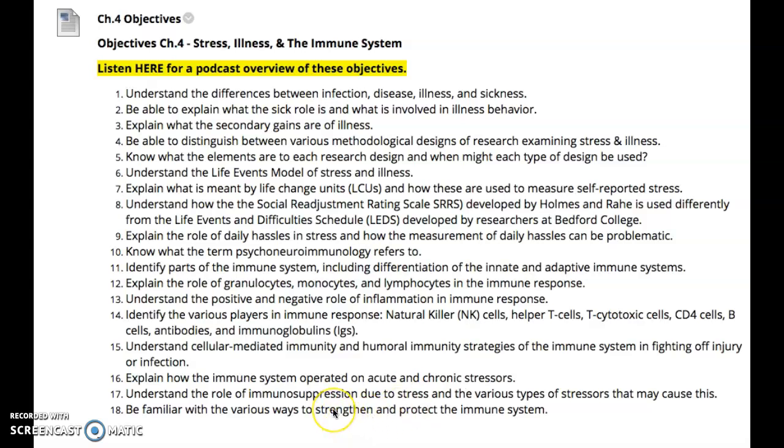And then we get into the role of immunosuppression. So it's really the suppression of the immune system due to those chronic stressors, due to specific types of stressors. So, right, there's very unique types of stressors that can lead to immunosuppression.